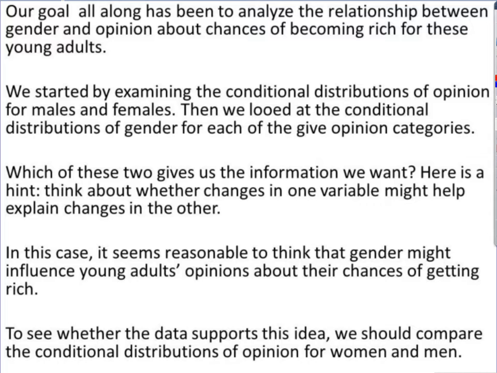Here's a hint. Think about whether changes in one variable might help explain changes in the other. In this case, it seems reasonable to think that gender might influence a young adult's opinion about their chances of getting rich. To see whether the data supports this idea, we should compare the conditional distributions of opinion for women and men.